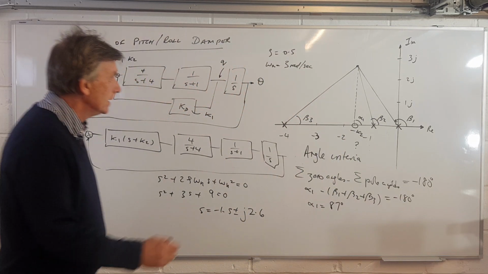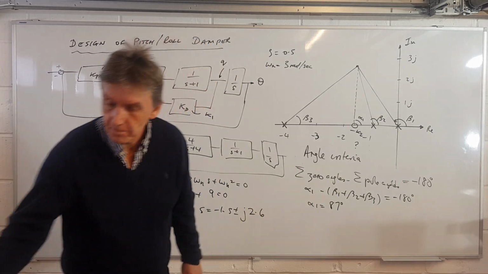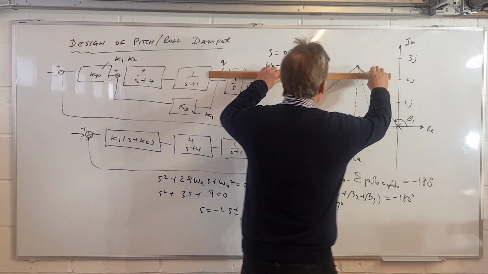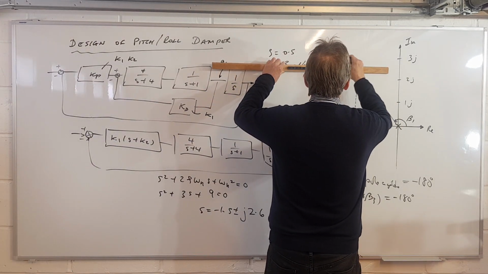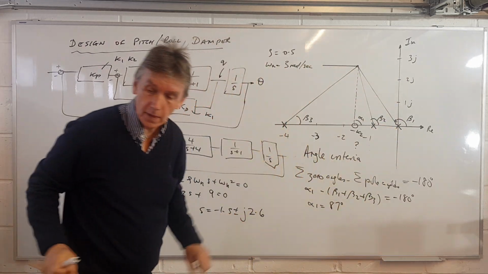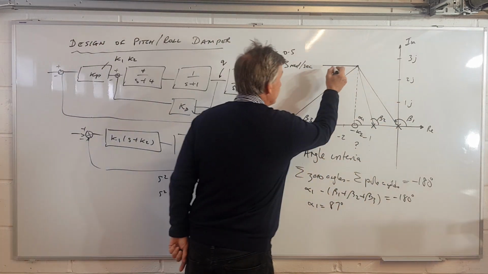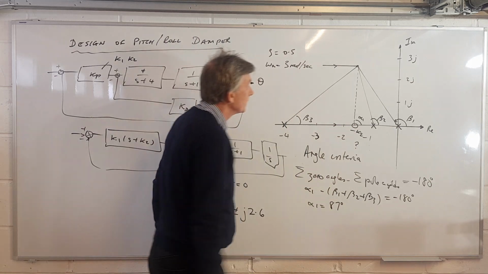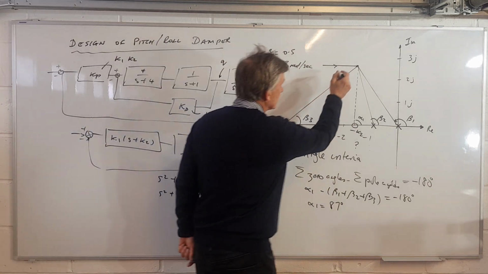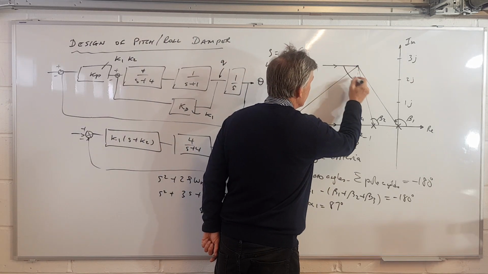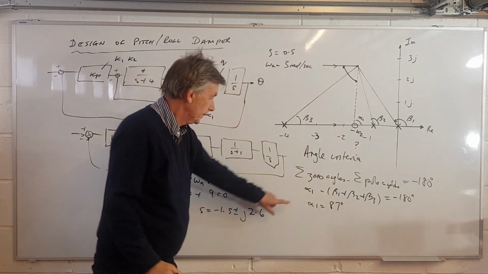Now what we do now is we draw a line parallel to these, like this. So as this line parallel to that one, and then what we do is we measure this way 87 degrees.